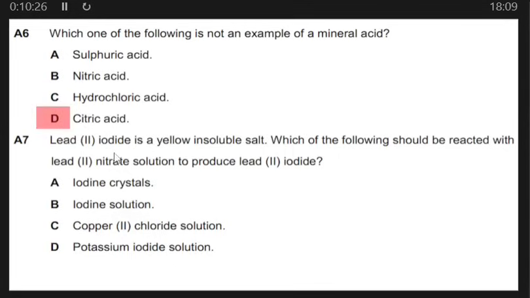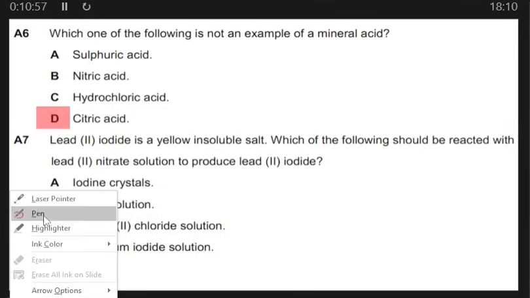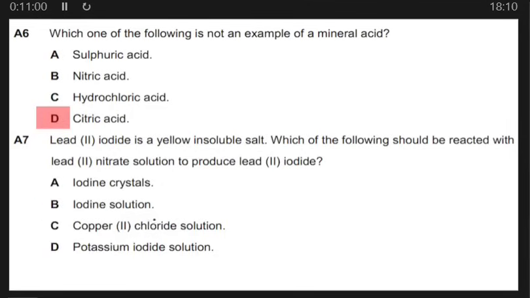A7 says lead 2 iodide is a yellow insoluble salt. Which of the following should be reacted with lead 2 nitrate solution to produce lead 2 iodide? So they want us to find out what should be reacted with lead 2 nitrate to produce lead 2 iodide, this salt which is insoluble. They have given us one reactant, which is lead 2 nitrate.